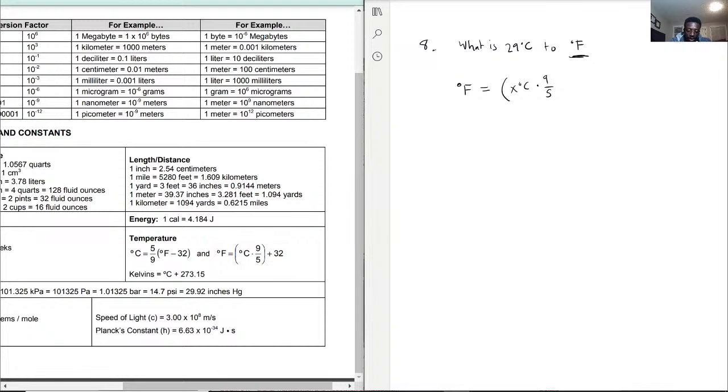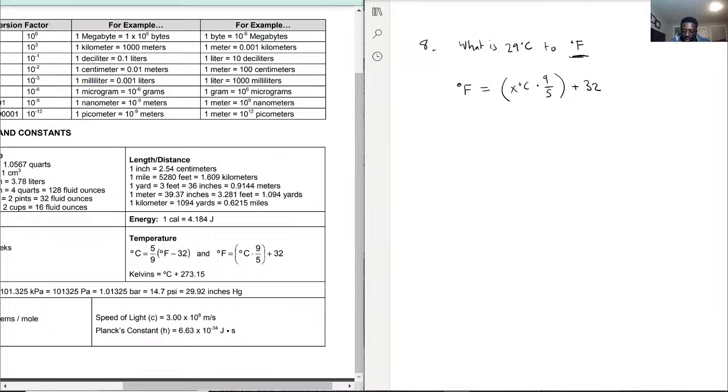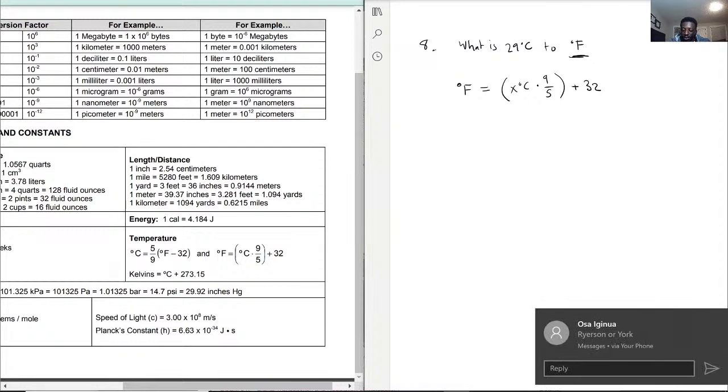I'm just taking this straight from the temperature conversion sheet here. Depending on the course you're taking, if you're using this equation constantly, your professor might ask you to just memorize it. So I would definitely keep track of all this stuff.